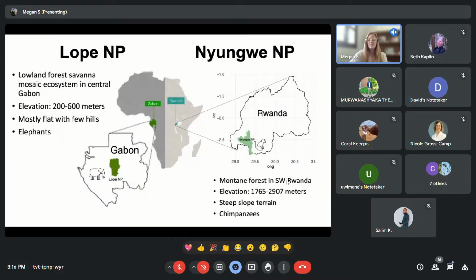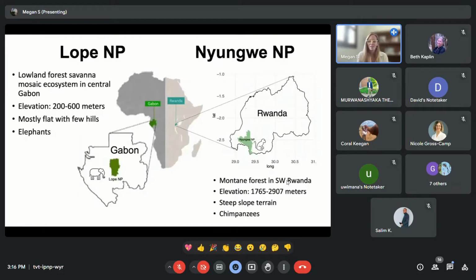It is between 200 and 600 meters in elevation, and it's mostly flat, but it does have a few hills, and I stress hills because they would barely be hills compared to anything that you would find in Rwanda. But they do have these elephants, which are one of the largest bodied seed dispersers there in Lope National Park.